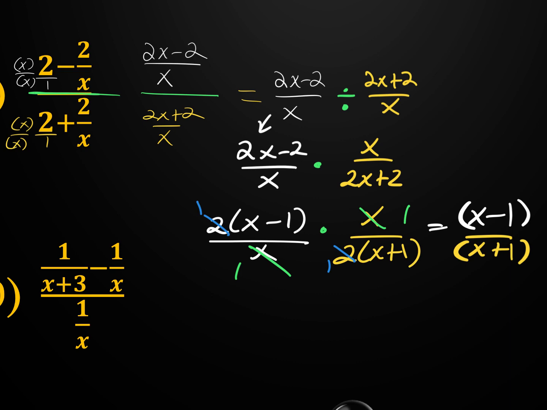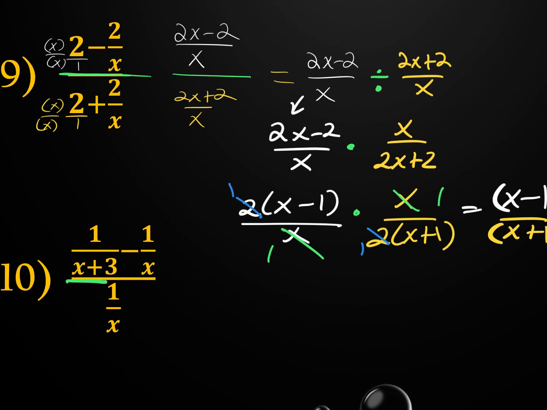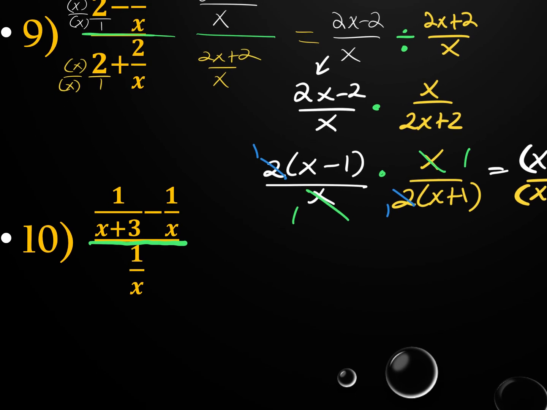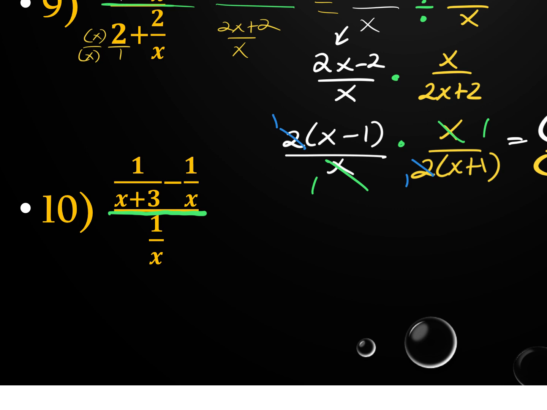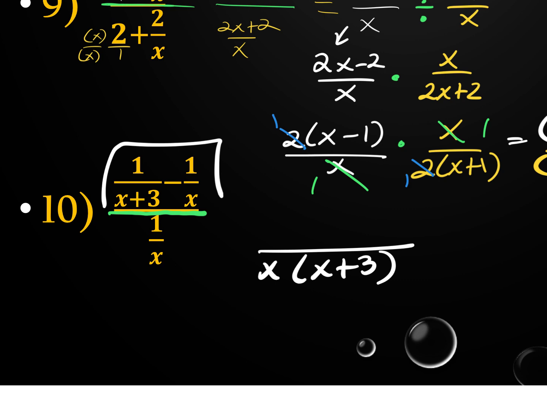And one last example. The denominator here is already simplified, but I do need to subtract the numerator first. So my least common denominator of my numerator, this right here, is going to be x times x plus 3. So the first fraction in my numerator is missing the x. So I'm going to multiply this one by x and x.